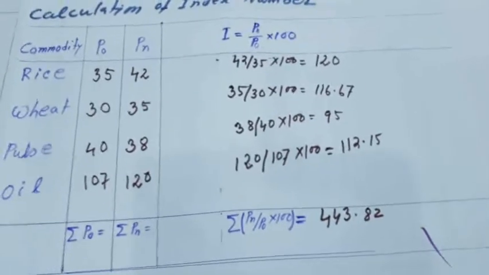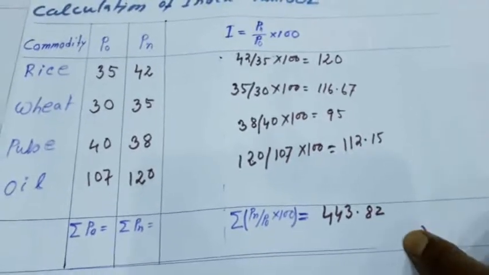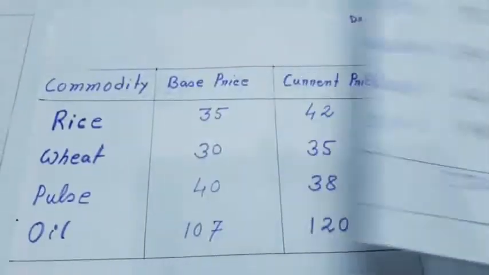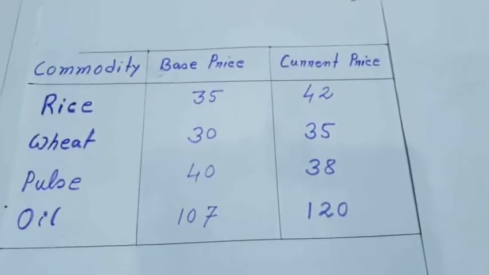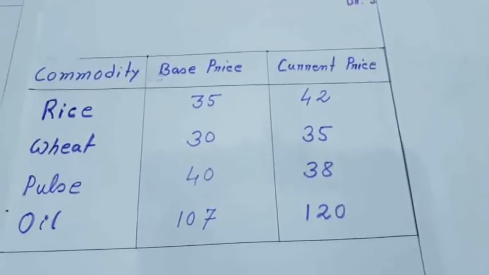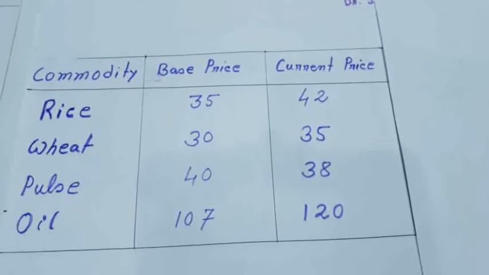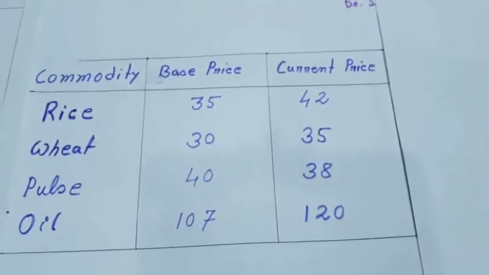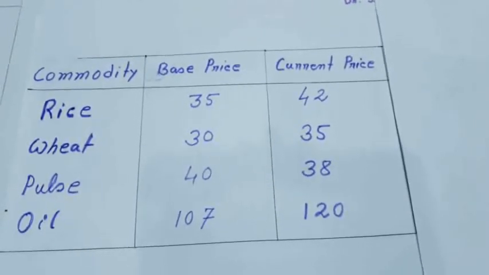Okay, and the problem was this. It means our question was constructing index number by simple average of price relative index.